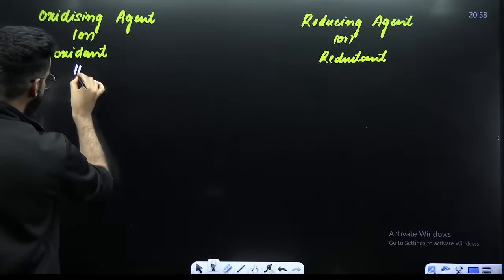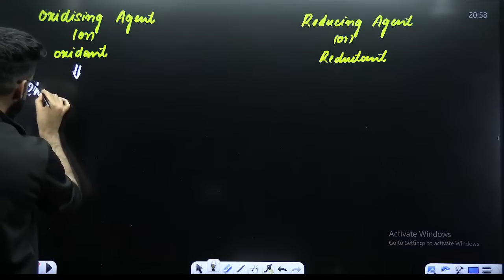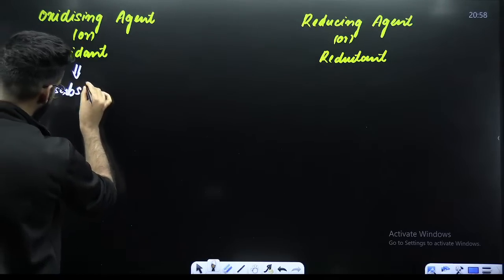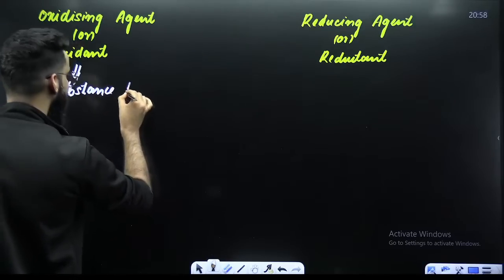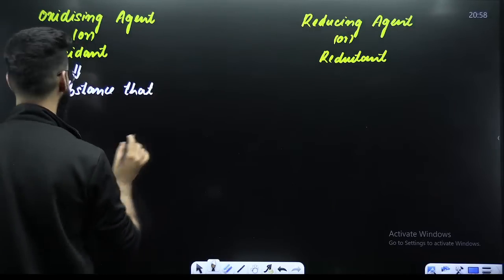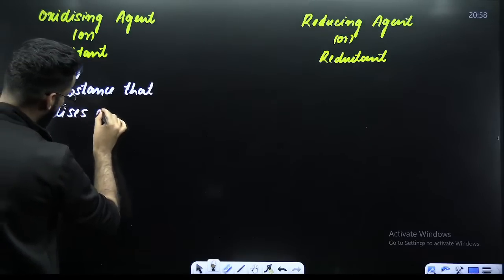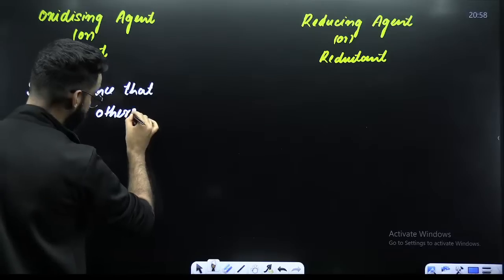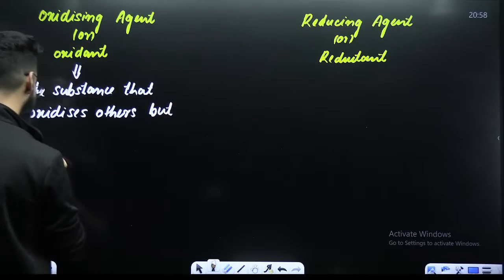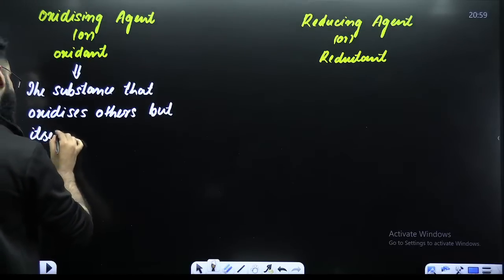Oxidizing agent or oxidant is defined as the substance that oxidizes others, but itself undergoes reduction.